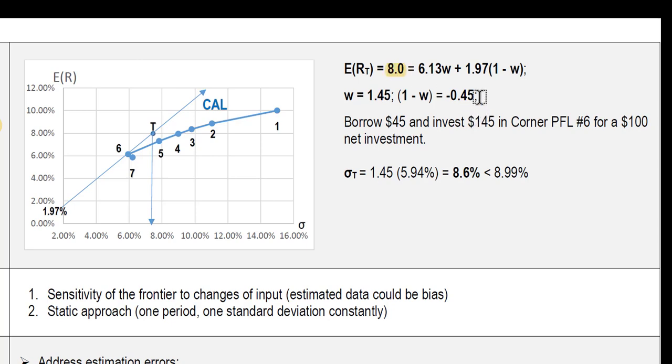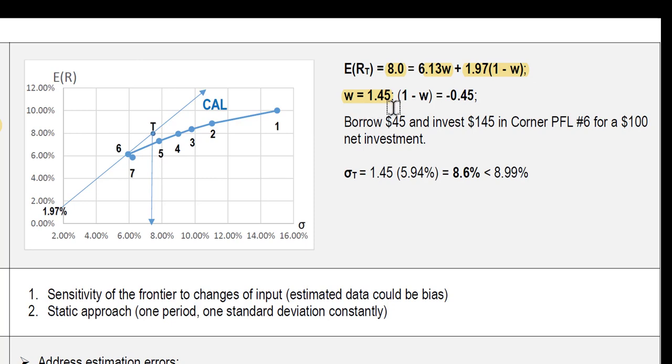So I'm going to use corner portfolio number 6, which gave me 6.13% return, with a weight, and then put the rest of the money into the weight on the risk-free asset. When I solve for the weight, I find the weight is greater than 1. Which means that if I have $1, I have to use $1.45 to buy corner portfolio 6.